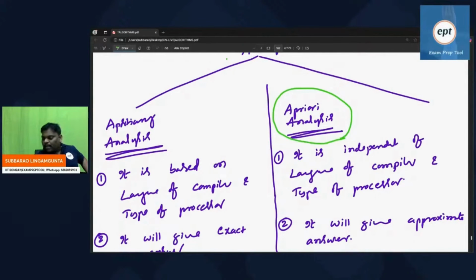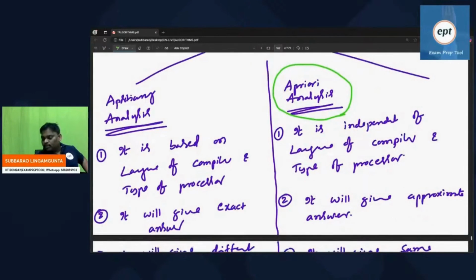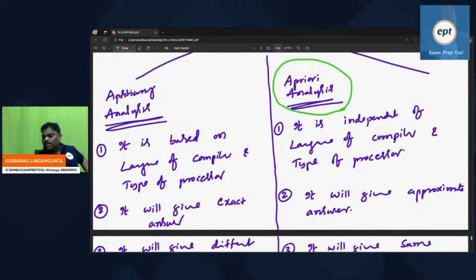Because if you observe the priori analysis, it is an independent analysis. What do I mean? Language of the compiler doesn't matter.